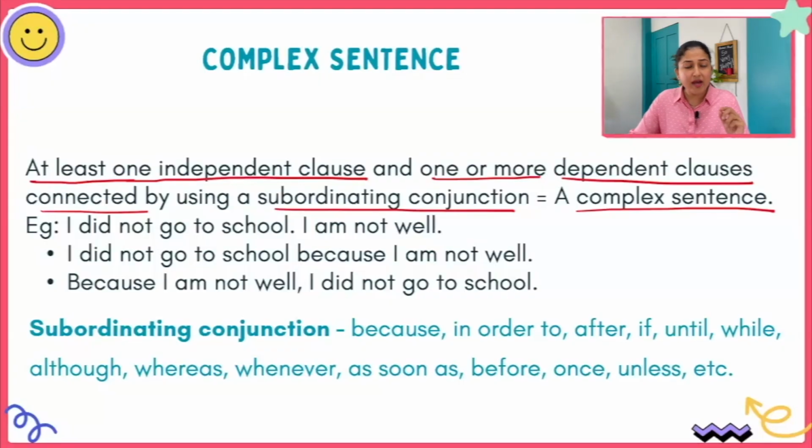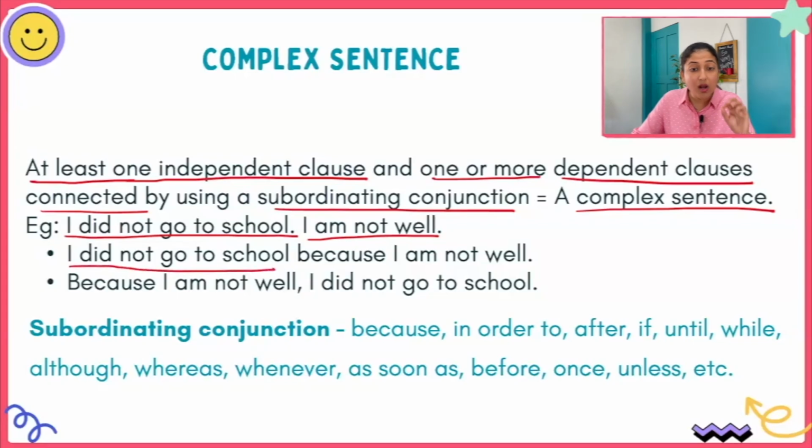Let's look at an example. If I have to say, I did not go to school, that is one simple sentence. Another simple sentence, I am not well. Two simple sentences. Let's connect them with a subordinating conjunction. I did not go to school because I am not well.